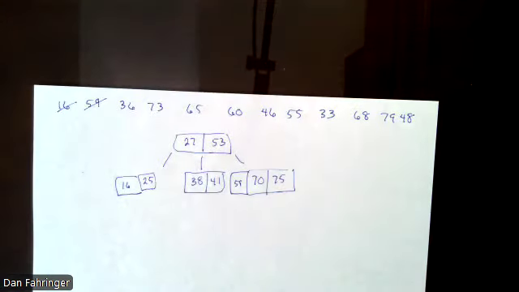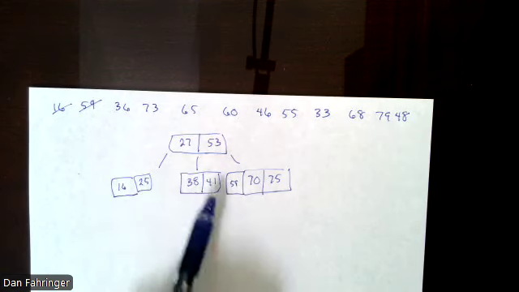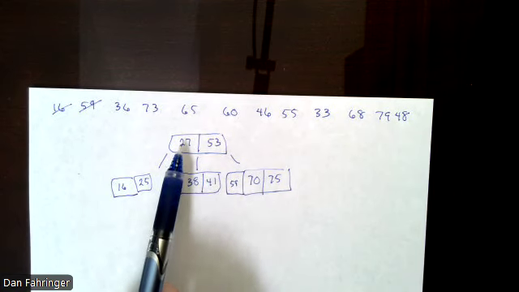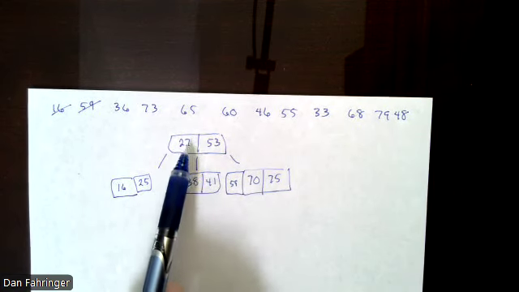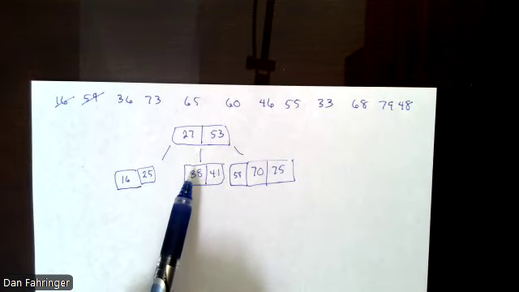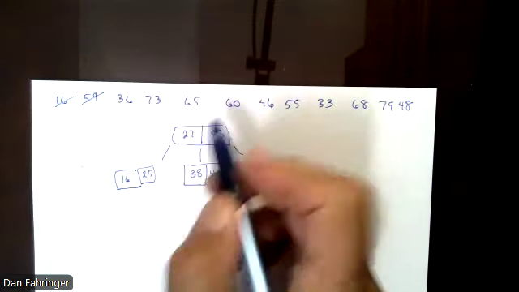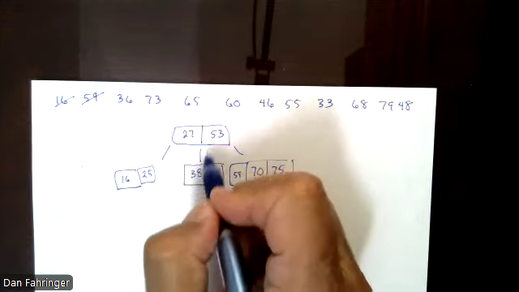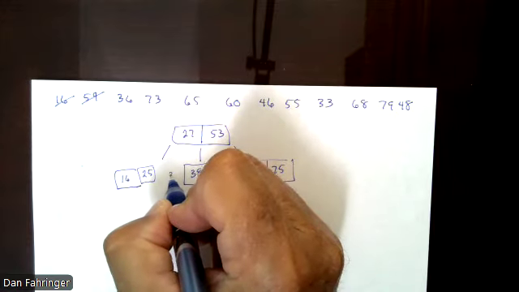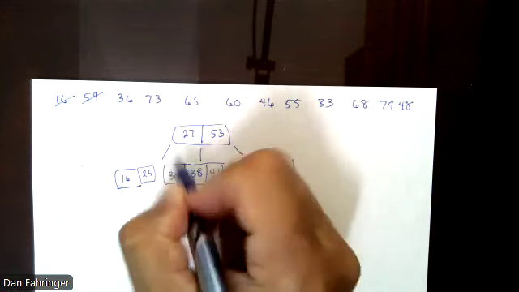Where's the 36 going to go? We're working here, so I come in. Is it less than 27? No. Is it greater than 27? Yes. Still less than 53. It's going to come down this path. And there goes our 36.